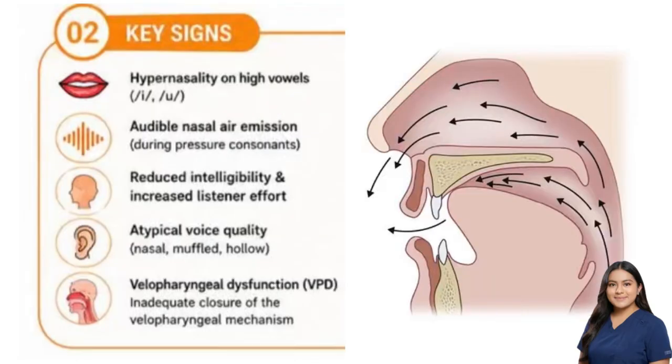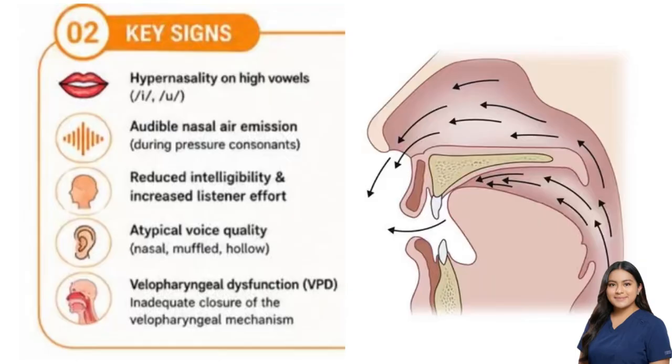Section 2. Key signs. How do we recognize these disorders? There are several important signs to look for. We may observe hypernasality on high vowels, particularly I and U, as well as audible nasal air emission during pressure consonants like P, V, or S. Other signs include reduced speech intelligibility, increased listener effort, and an atypical voice quality that may sound nasal, muffled, or hollow.